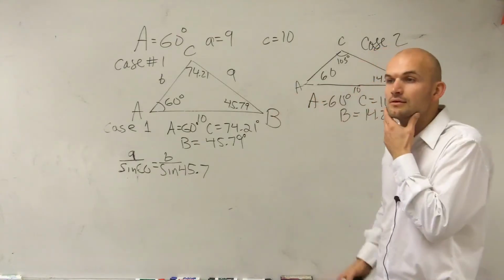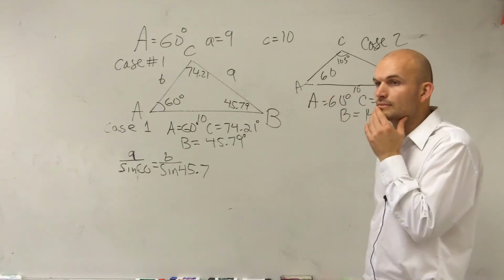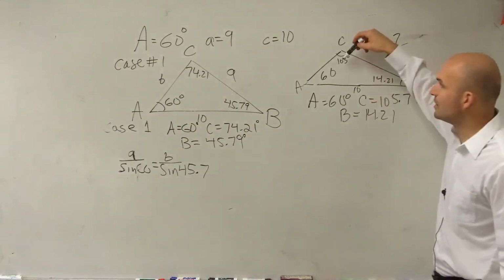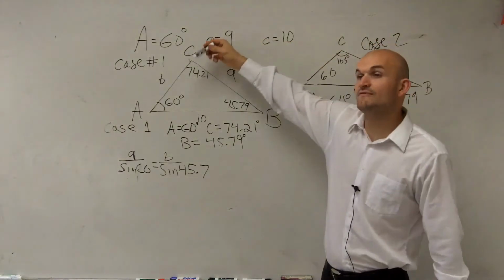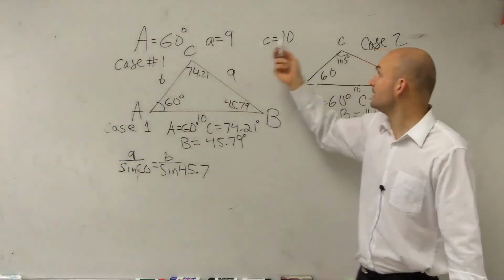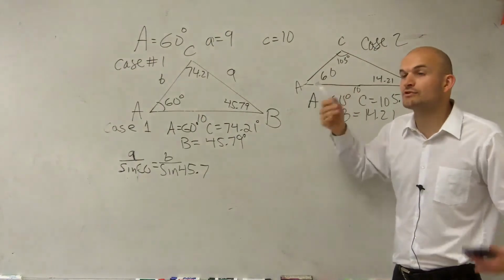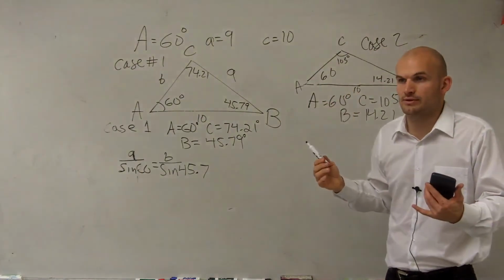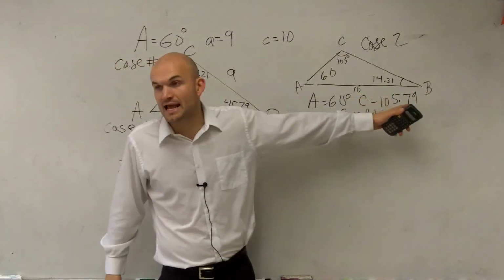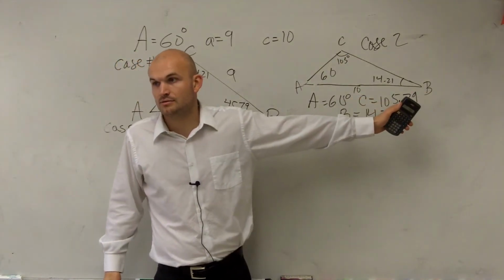So are we trying to find the last angle for both triangles? Yes. When we found C, we found there are two possible answers for C. It could be 74.21 or it could be 105.79. So if there are two possible answers, that means your third angle is also going to be different.